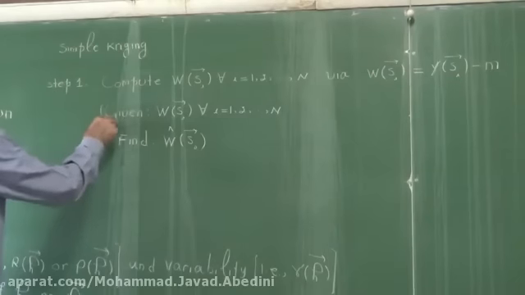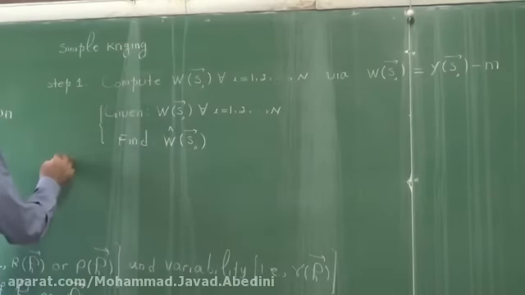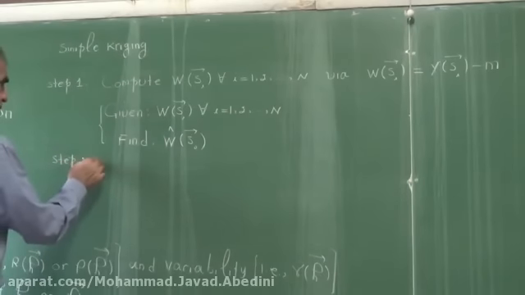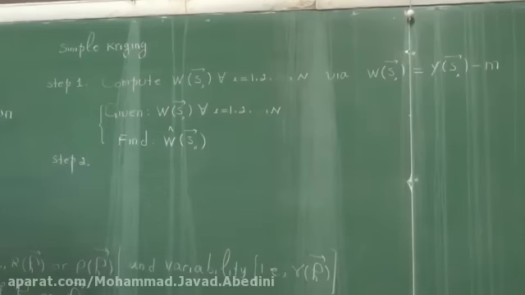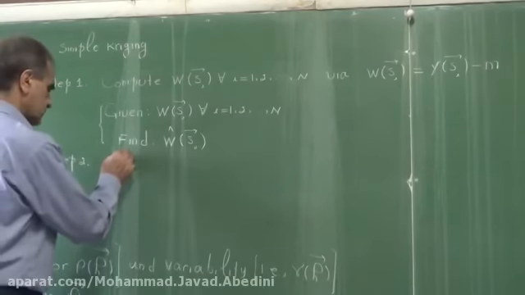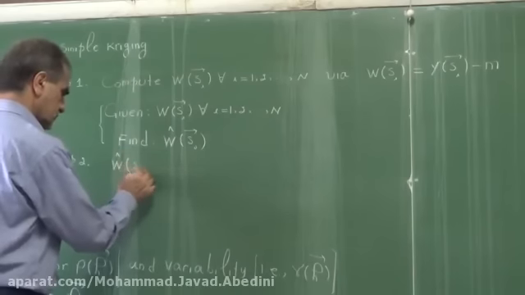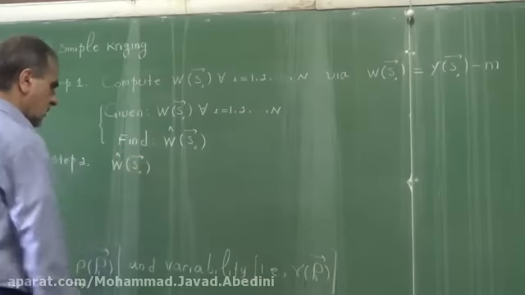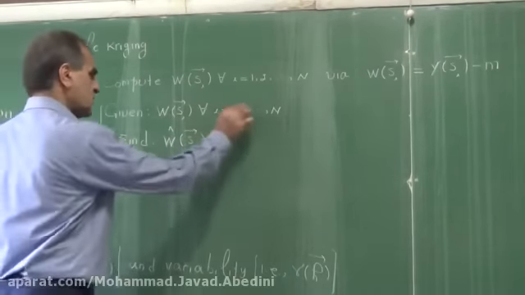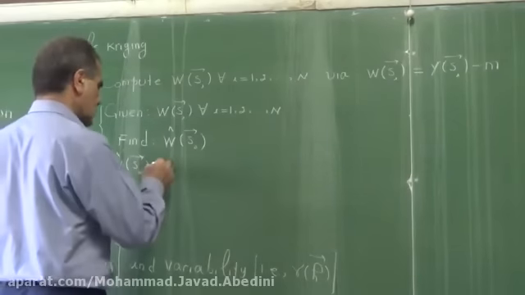Step 2. In step 2, we have to cast our estimator, W hat. Our estimator can be written as a linear combination of these given Ws.